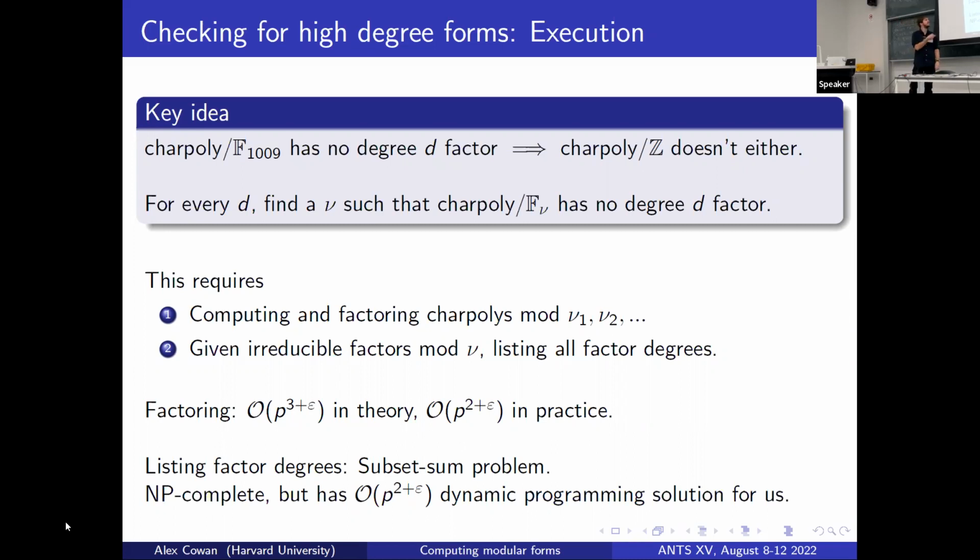But we have basically random polynomials in this finite field. You're not really going to have these huge coincidences where you have a bunch of irreducible factors of the same degree. So maybe you'll have like a dozen somewhere or something, but nothing at all daunting.